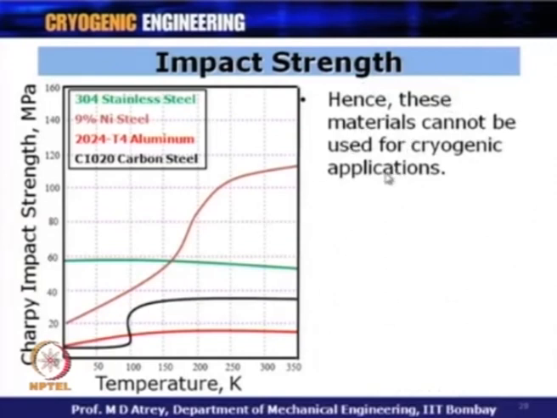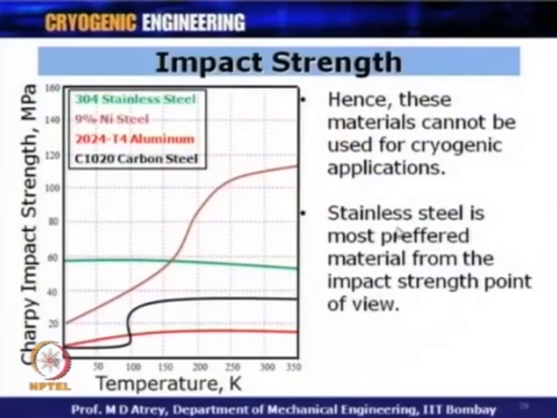So, all those materials which have got S transformation, which have got DBTT, which have got DBT, cannot be used in cryogenic application because at lower temperatures they do not have any impact strength. Again, we can find from the curve that stainless steel is the most preferred material from the impact strength point of view. All right. This is a very important finding from this curve.